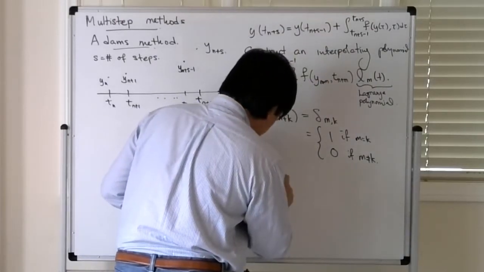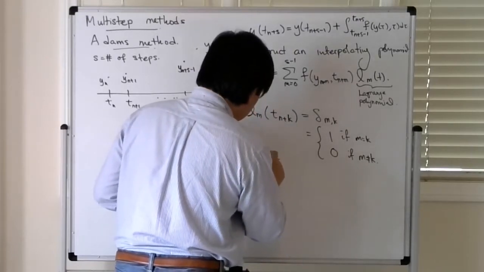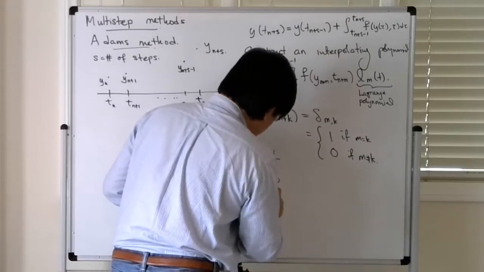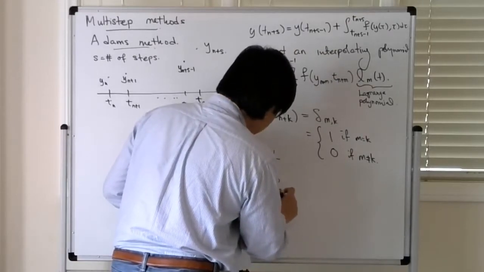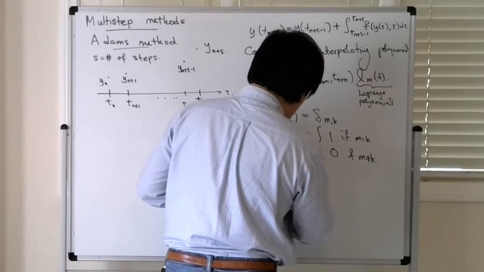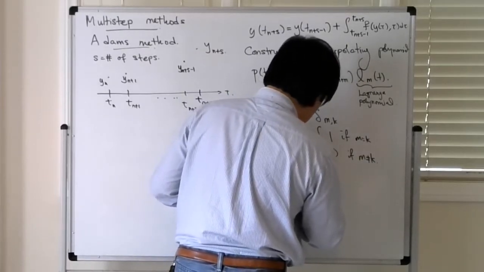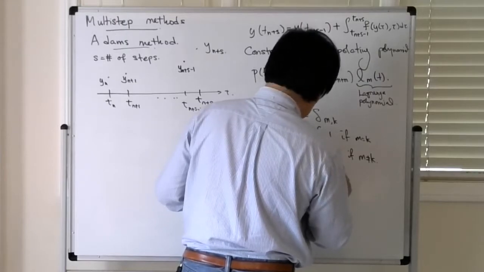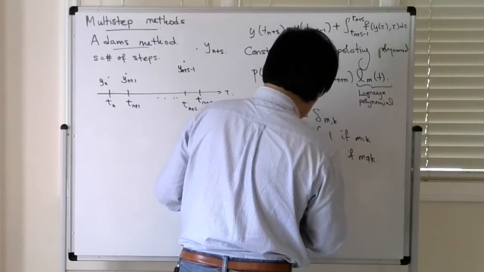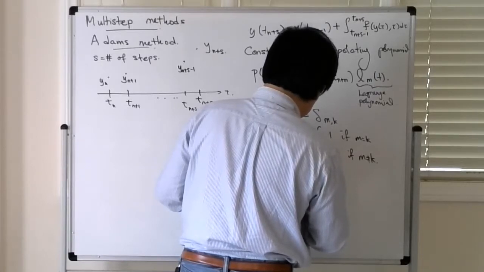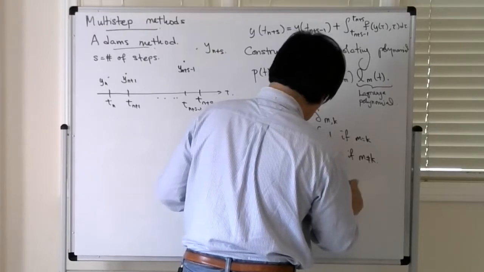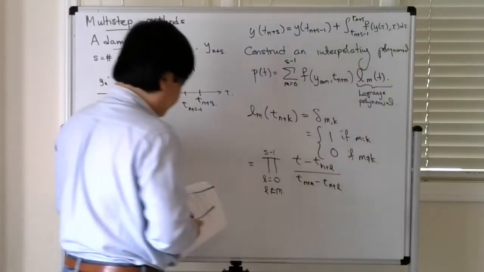So l goes from 0 to s minus 1, which is the case you have here, and l not equal to m. And then you have t minus t_{n+l} over t_{n+m} minus t_{n+l}.